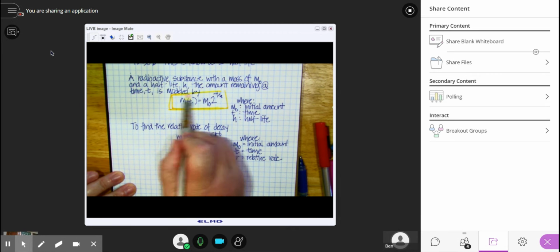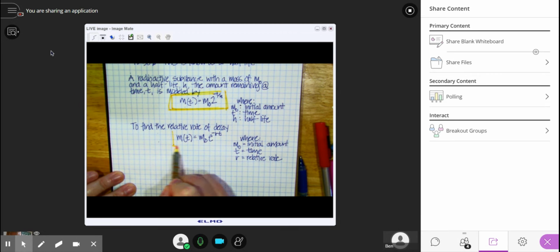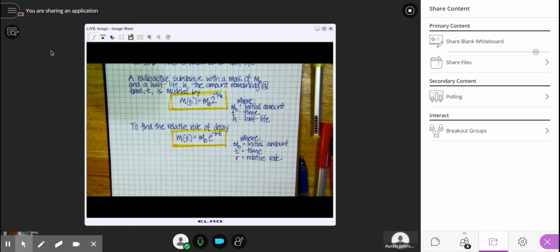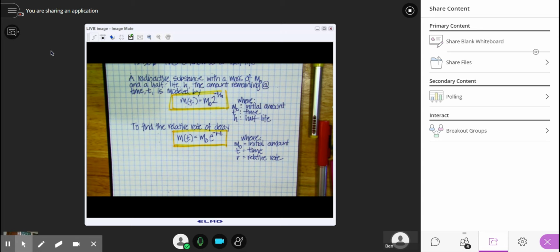So I think I gave you these two formulas yesterday. The part I didn't get out was the translation.